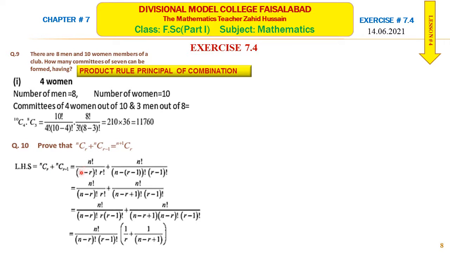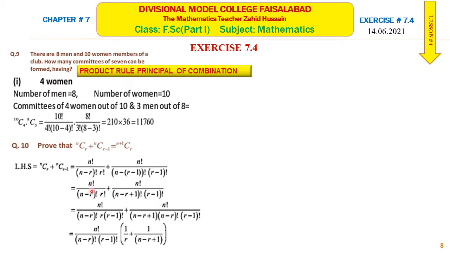n factorial over (n minus r) factorial into r factorial plus n factorial over (n minus r minus 1) factorial into (r minus 1) factorial. So this is n factorial over (n minus r) factorial as it is, plus n factorial. Removing this bracket, we get (n minus r plus 1) factorial, (r minus 1) factorial with this.